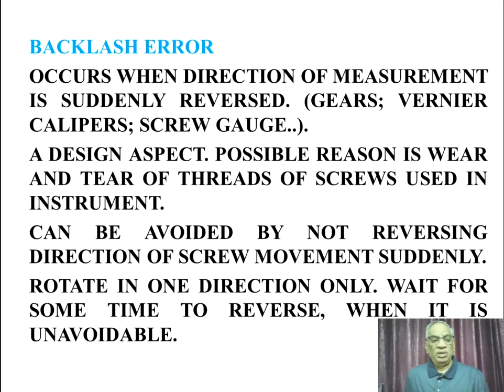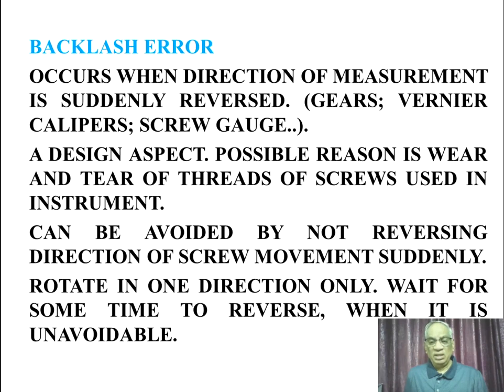Sometimes you move the measuring instrument in one direction, and then suddenly you find something is wrong, so you want to move back. Suddenly you're reversing the measurement direction, and then backlash error inevitably enters the measurement, whether in vernier calipers or screw gauge or whatever it is. This is also a design aspect, because most of the threads of the instrument or the sliding of the caliper undergo wear and tear.